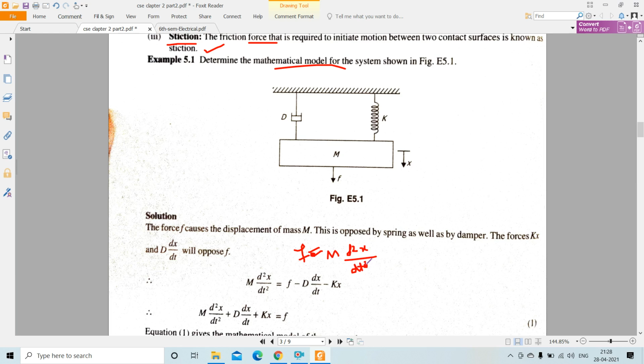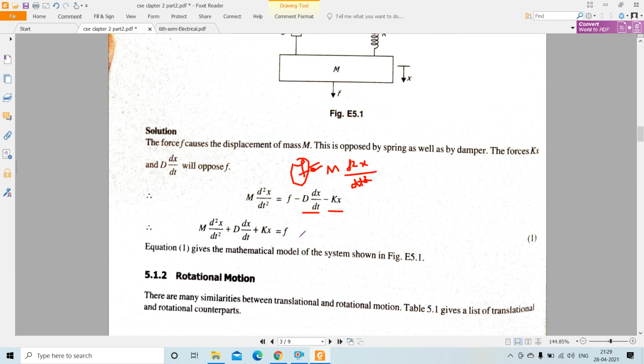This is our exact expression for force, but this F is opposed by these two forces, that's why they are subtracted: F minus d into dx by dt minus k into x. By resolving this expression, we find m d square x by dt square plus d into dx by dt plus kx is equal to F. So this is our mathematical model of the given system.